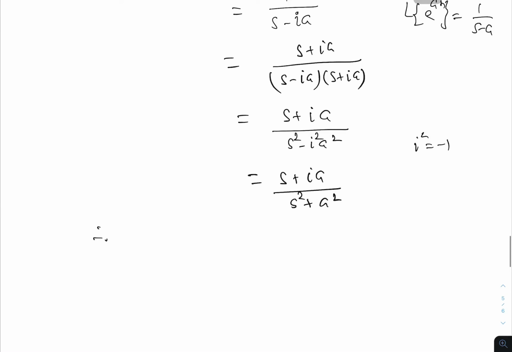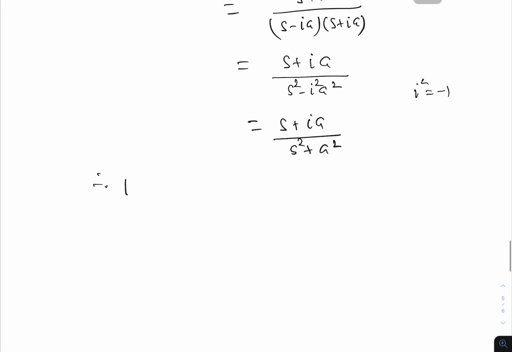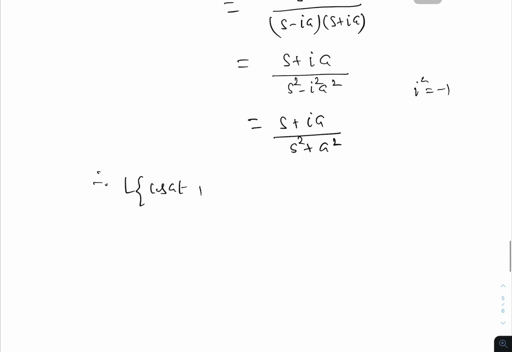And so you can see Laplace transformation of cosine at plus I sin at is equal to s over s square plus a square plus I a over s square plus a square.